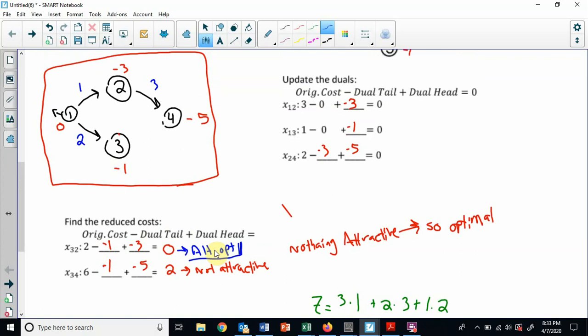So this actually does have an alternate optimal if you were to cycle in 3,2. If you did cycle in 3,2, notice the cycle it makes is right here. It would push out 1,2, which was the one that was even with it, and you would have this flow right here, like a Z almost.